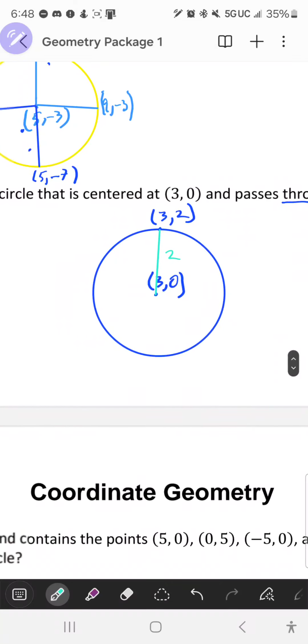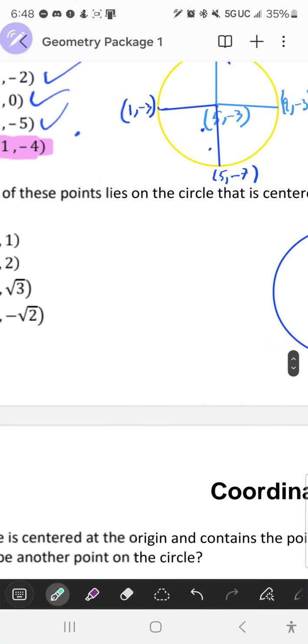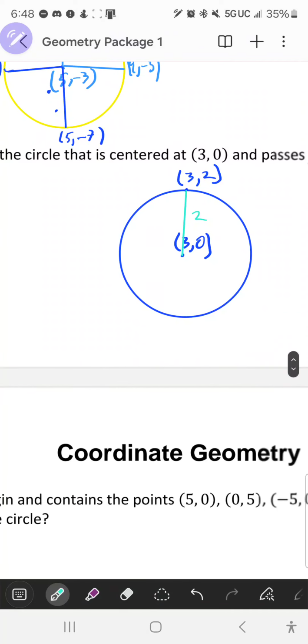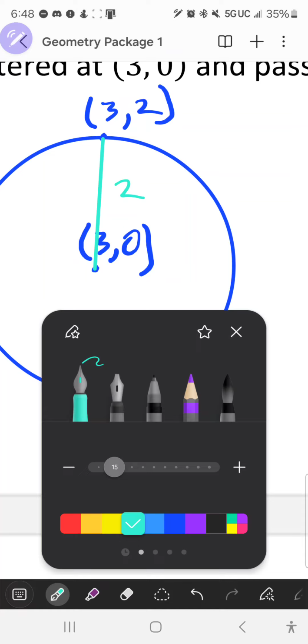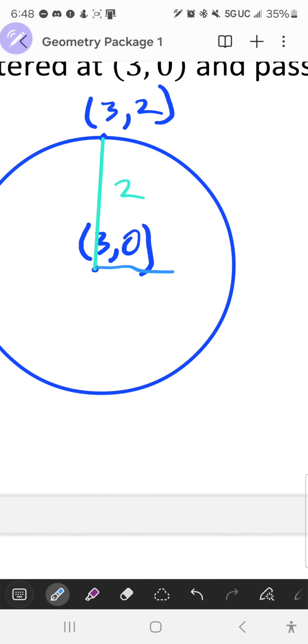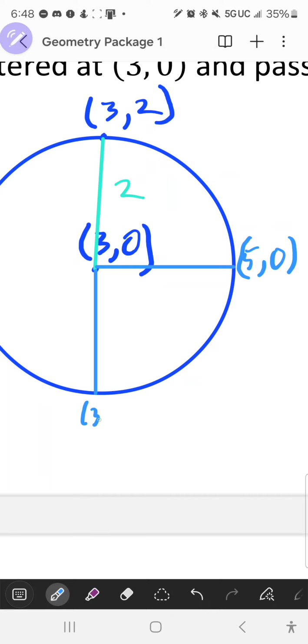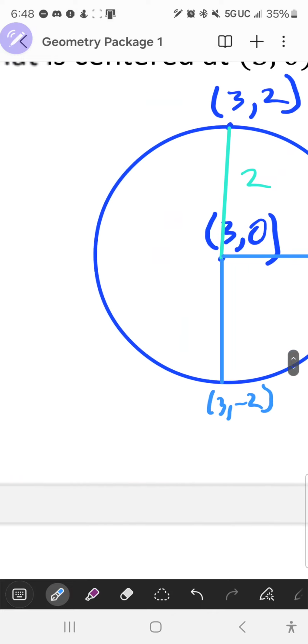Now it's asking which point is outside, so we know that the radius is 2, so let's keep doing what we did before. Okay, 2 to the right is going to be (5, 0). 3 plus 2 is 5. So 2 down. 0 minus 2 is -2, so (3, -2).